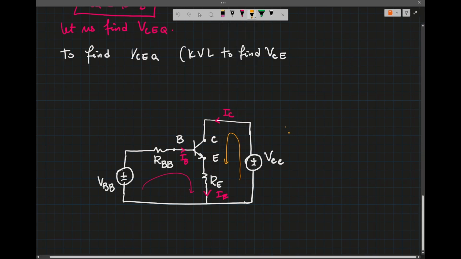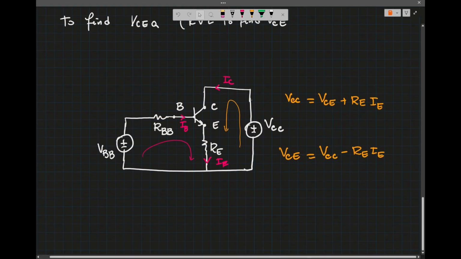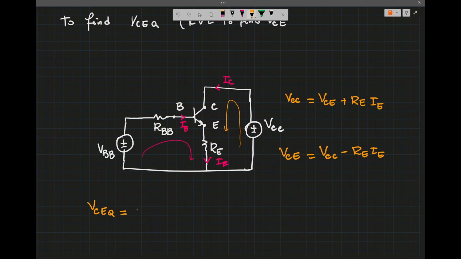So I have VCC equal to VCE plus RE IE. So VCE is equal to VCC minus RE IE. So VCEQ is equal to VCC minus RE IE.